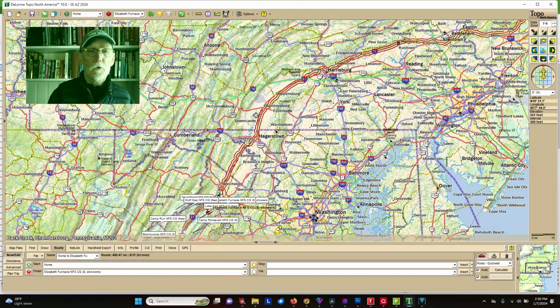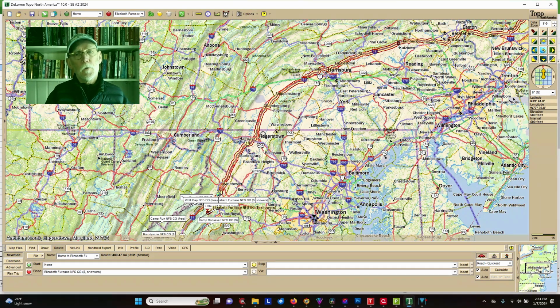I don't have a lot of state parks, and I don't have a lot of state forests, unless there are some places where state forests are particularly attractive. So I have them mapped out, but for the most part, I don't have many state forests. But I have every national facility: national wildlife refuges that offer camping, which there aren't a lot of, but there are some, Corps of Engineers, Bureau of Reclamation, Bureau of Land Management.